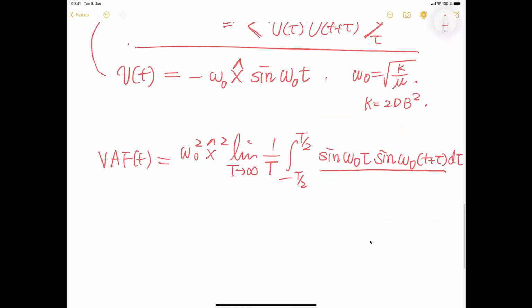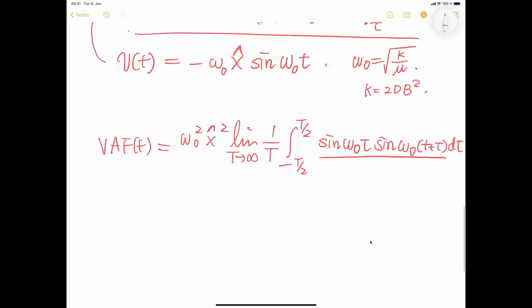To do this we need some mathematical tricks. If you remember from high school, maybe you remember these tricks. We have this identity: minus 2 sine x sine y is equal to cosine x plus y minus cosine x minus y.